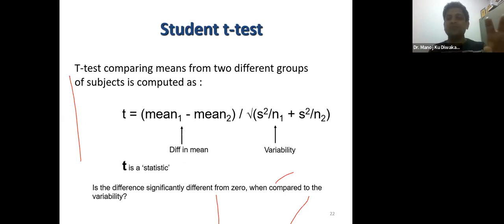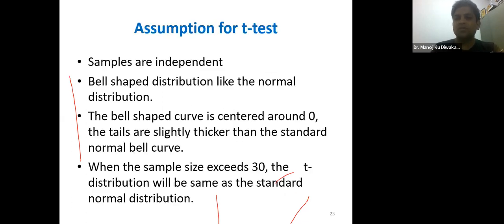So this is the difference of the means divided by the variability, which gives you the T statistic. Is the difference significantly different from zero when we compare it with the variability? That is what we want to test in the two sample t-test, or student t-test.